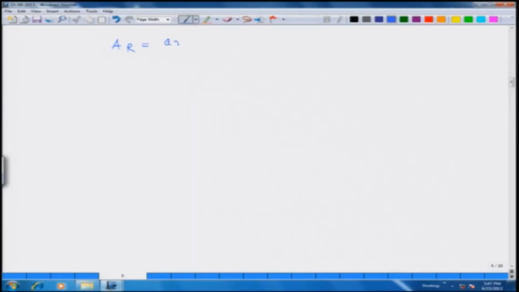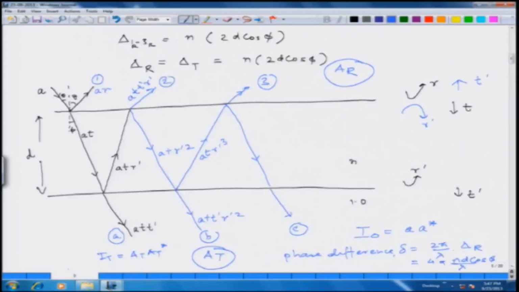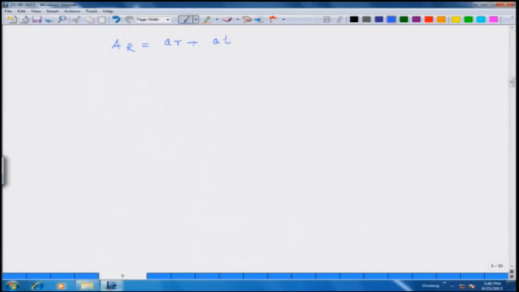So, A r is coming out to be nothing but, if I add up all the cases 1, 2, 3 and so on so forth, A r plus A t t prime r prime exponential i delta plus A t t prime r prime cube exponential i 2 delta plus so on so forth, and then I can write this expression as A of r.